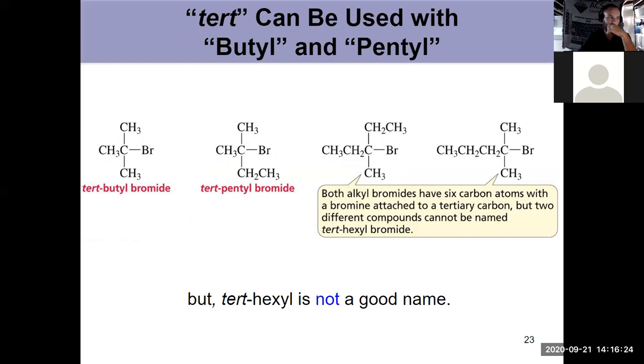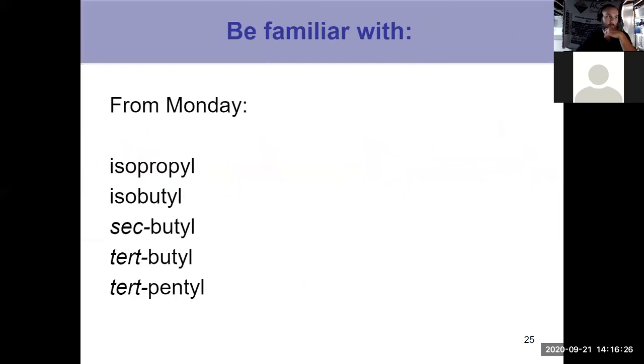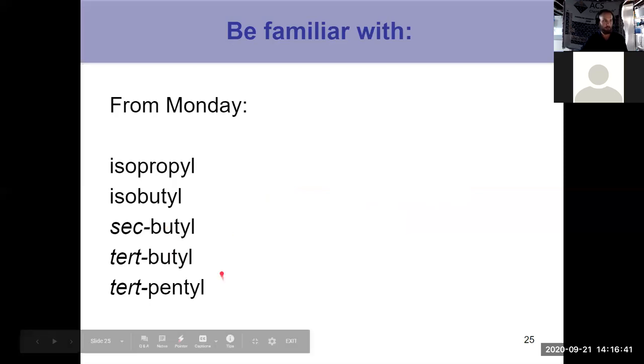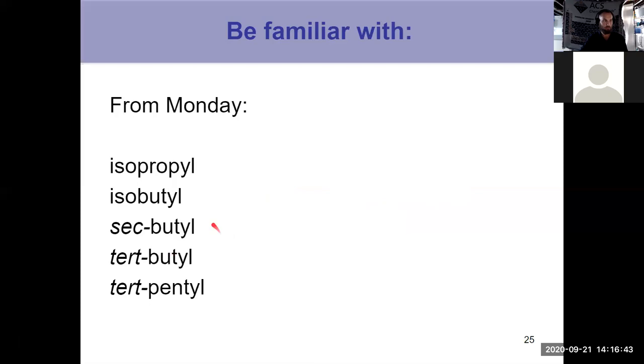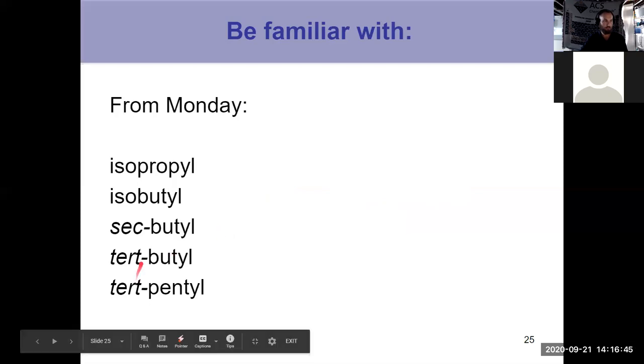So make sure that you know, right? Not for Monday, it would have been Monday if this was a normal semester. Know isopropyl and normal propyl, isobutyl and butyl, normal pentyl, sec-butyl, tert-butyl, and normal butyl, and then tert-pentyl, which has a typo there.